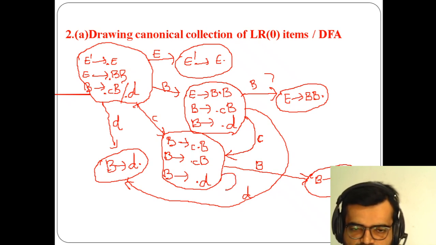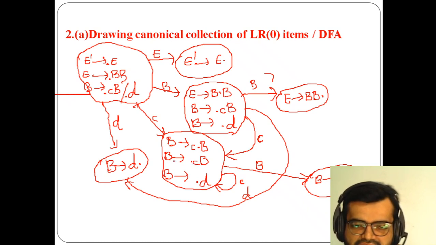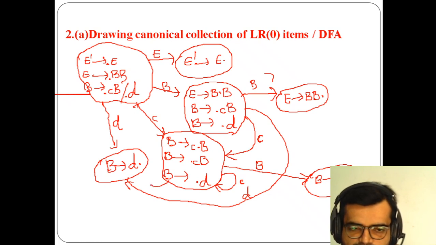So again it repeats to itself only. So I'm using small c. Because if I'm moving small c dot, C dot B, again what is the value of B? Dot CB, then B of dot D. And further, if in the last production I take D dot, the same thing will come, right? So here, what is that? Small d.